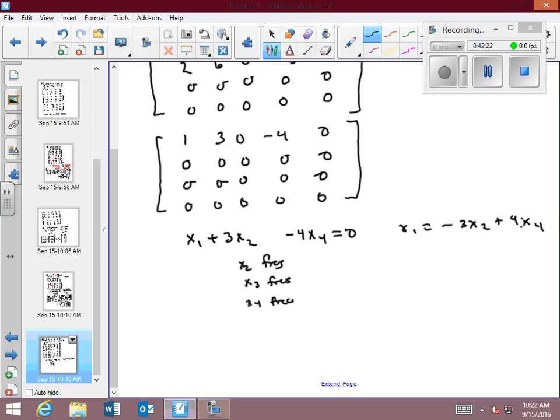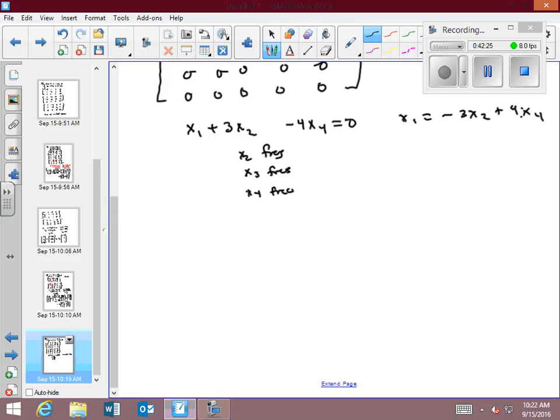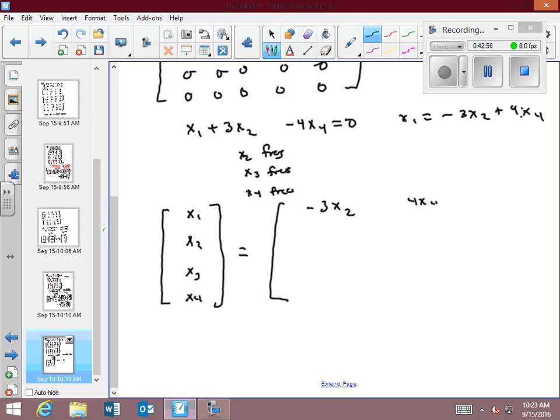So now, this is my solution vector. So my x1, I'm going to put a negative 3x2 and then 4x4.